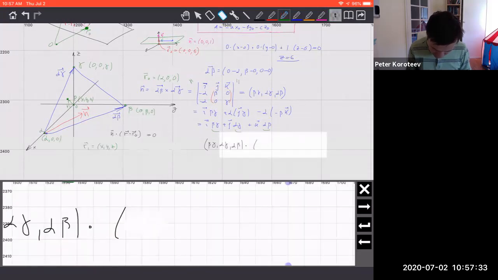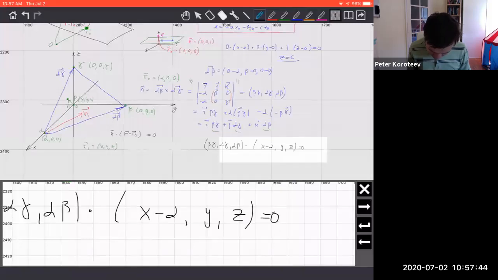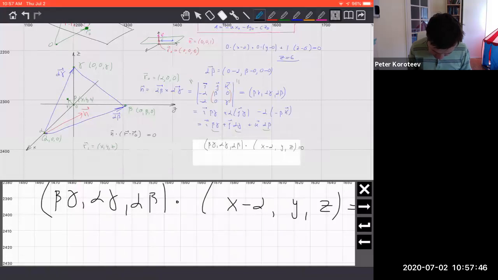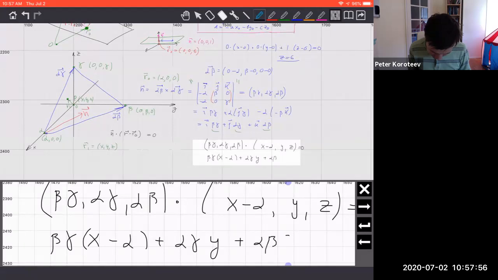So it's that multiplied by x minus alpha, y, and z equals 0. And if you do the calculation, you see it will look like this: beta gamma x minus alpha plus alpha gamma y plus alpha beta z equals 0.